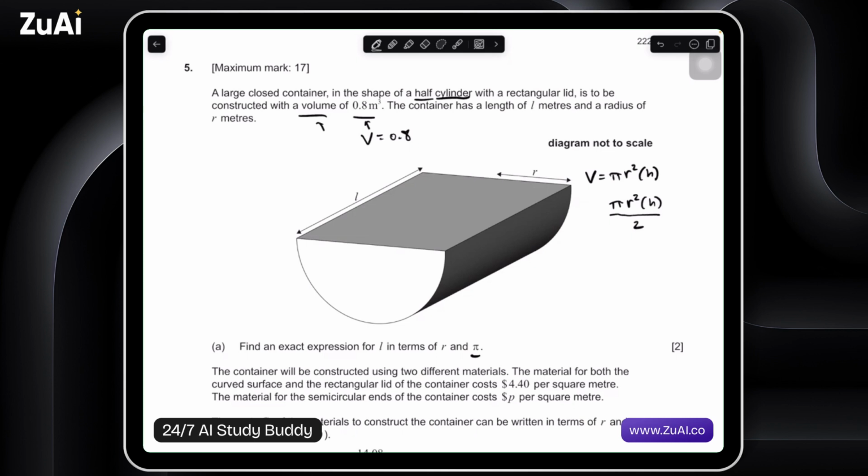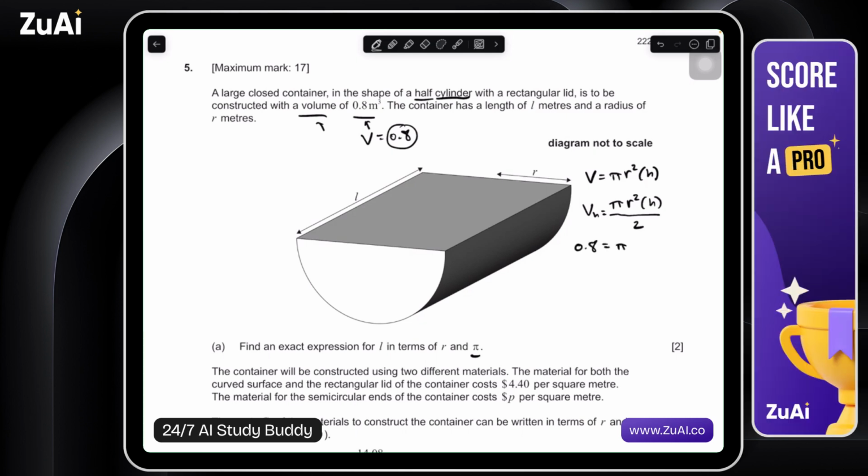So that's going to be our volume of a half cylinder, V sub h. And what is the volume of our half cylinder? It's equal to 0.8. So let's write that out. 0.8 is equal to pi r squared times h over 2.